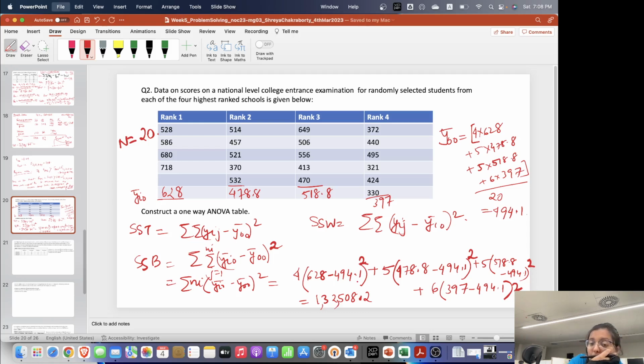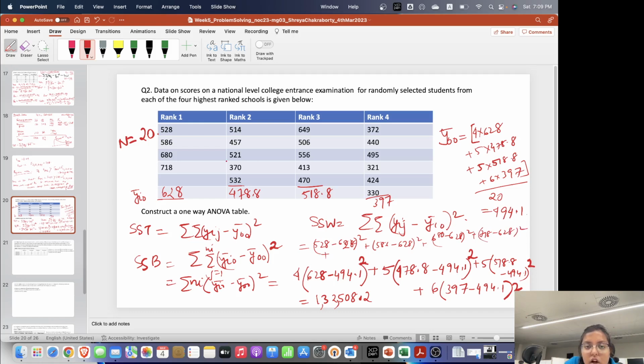Now we have to calculate the sum of squares within. So for this, what we have to do? This is nothing but 528 minus 628 whole square plus 586 minus 628 whole square, plus 680 minus 628 whole square plus 718 minus 628 whole square.